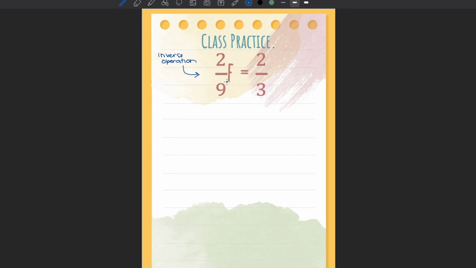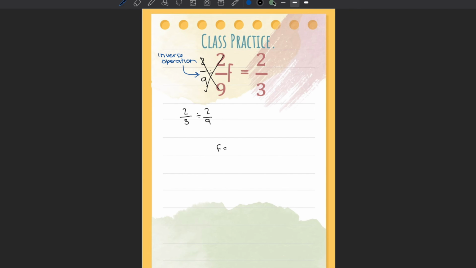Whatever we do to one side, we have to do to the other. So I'm going to write divide by 2 ninths, which we get to cross out, which leaves us with f equals, and I'm going to write our 2/3 divided by 2 ninths.